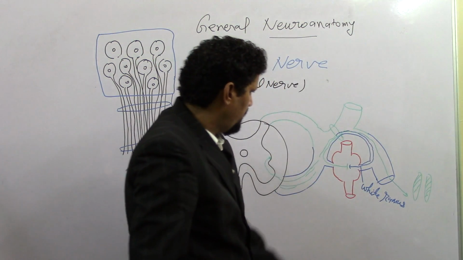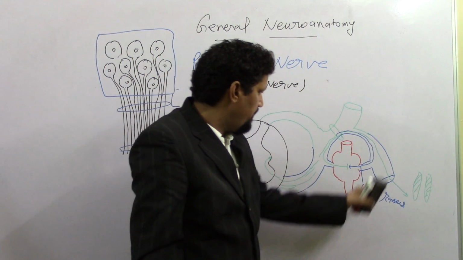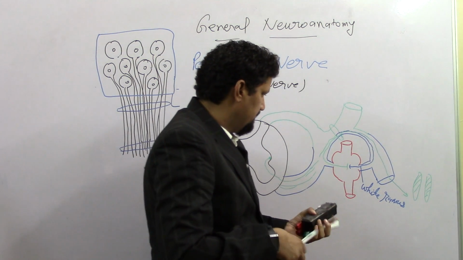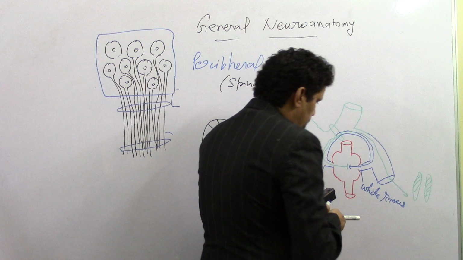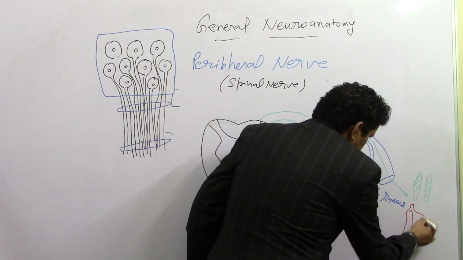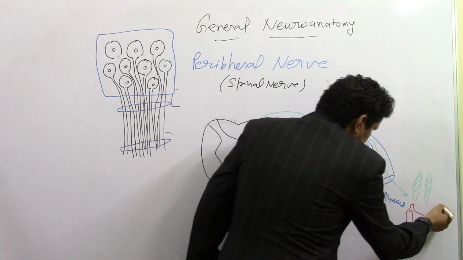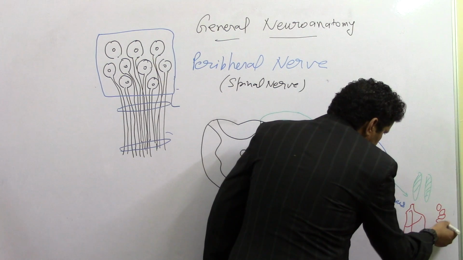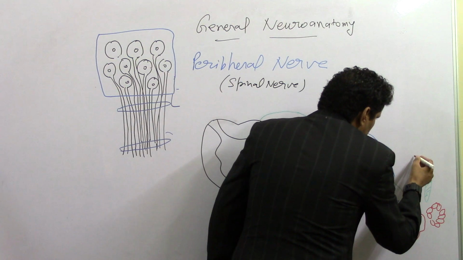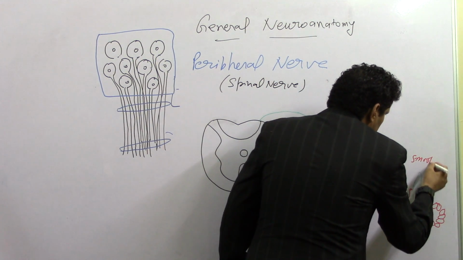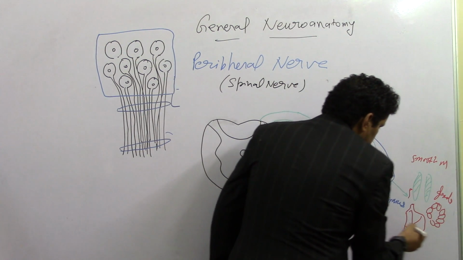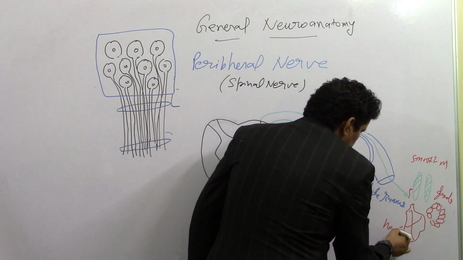These are postganglionic autonomic fibers supplying the smooth muscles of viscera, supplying the heart, and supplying the glands. Smooth muscles, glands, and heart.